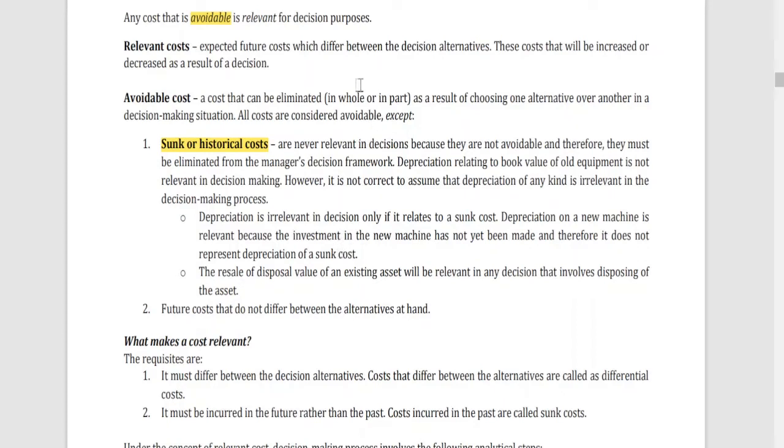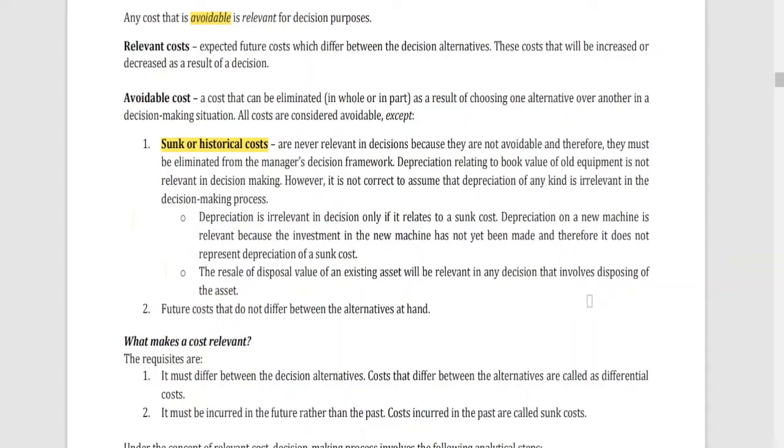Remember, diba? The relevant cost is an avoidable cost. Okay? So, avoidable siya. So, if ever you're not going to buy the new equipment, you will also not incur the depreciation on the new equipment. Okay? So, therefore, avoidable siya. The resale or disposal value of an existing asset will be relevant in any decision that involves disposing of the asset.